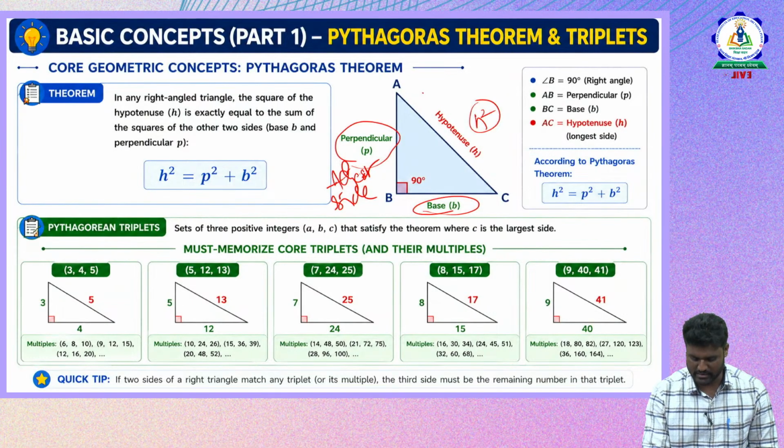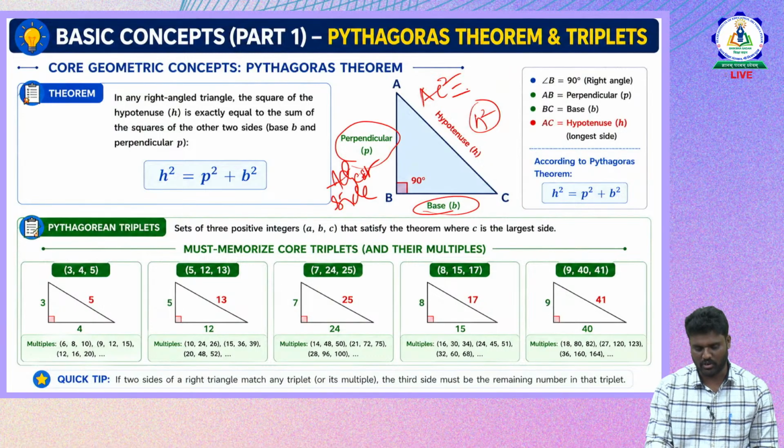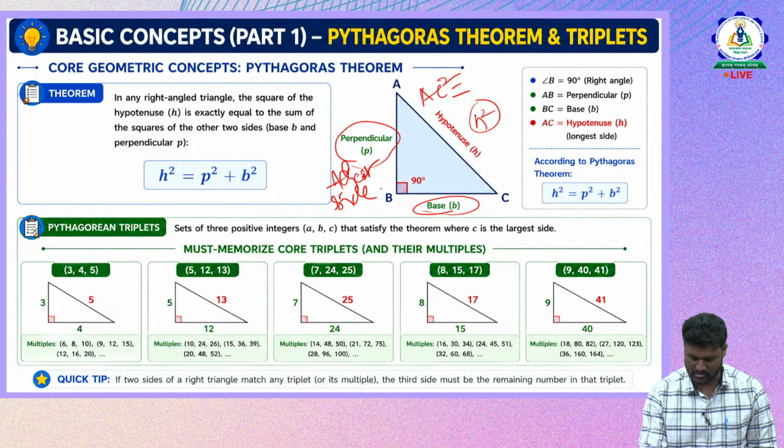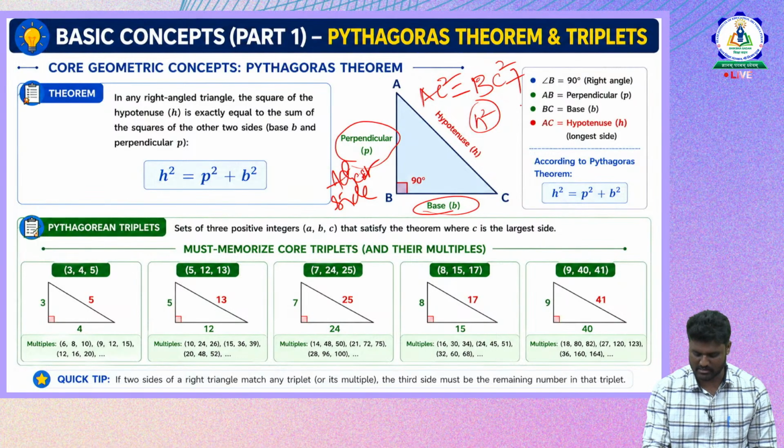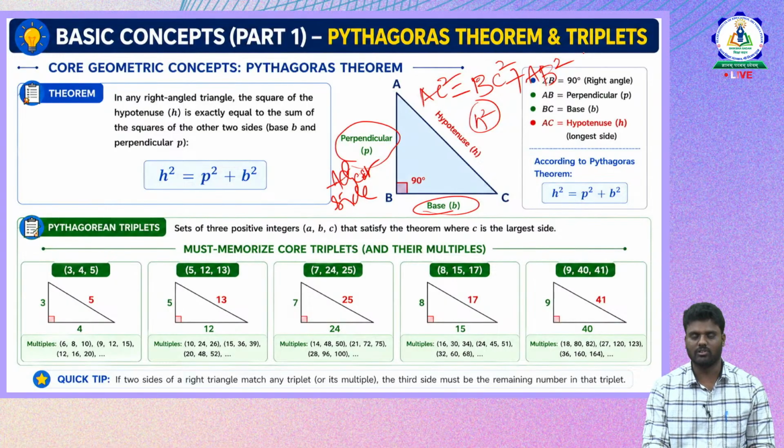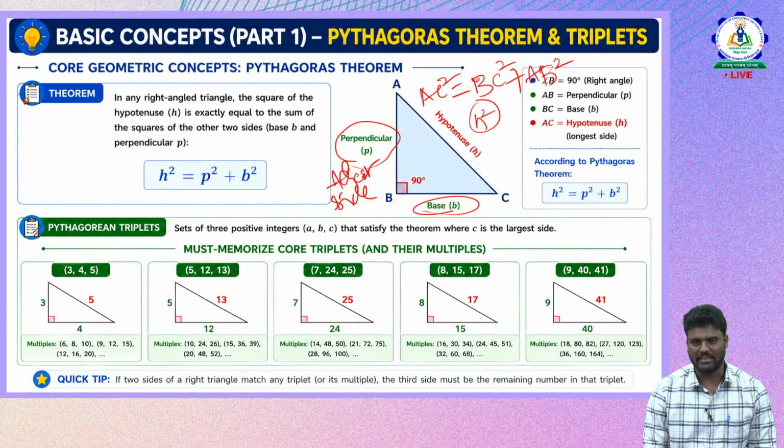That means AC square is equal to, what is AC here? The hypotenuse of the right angle triangle. AC square is equal to the sum of the squares of the other two sides, that means BC square plus AB square. This is the definition of the Pythagoras theorem.